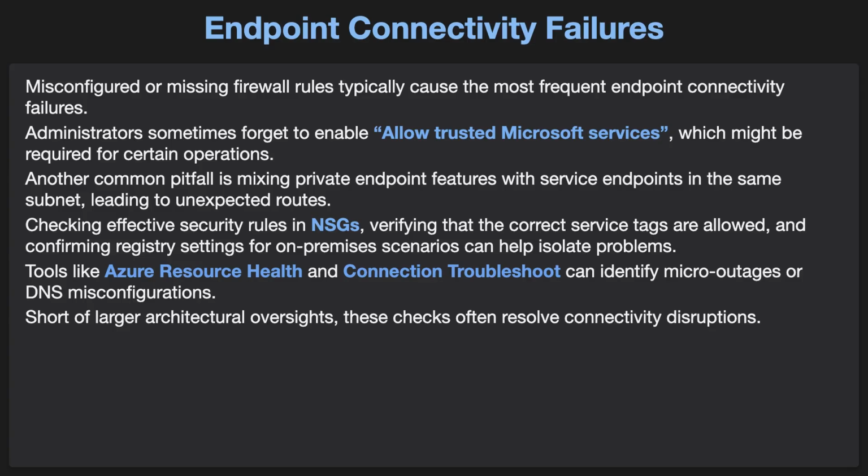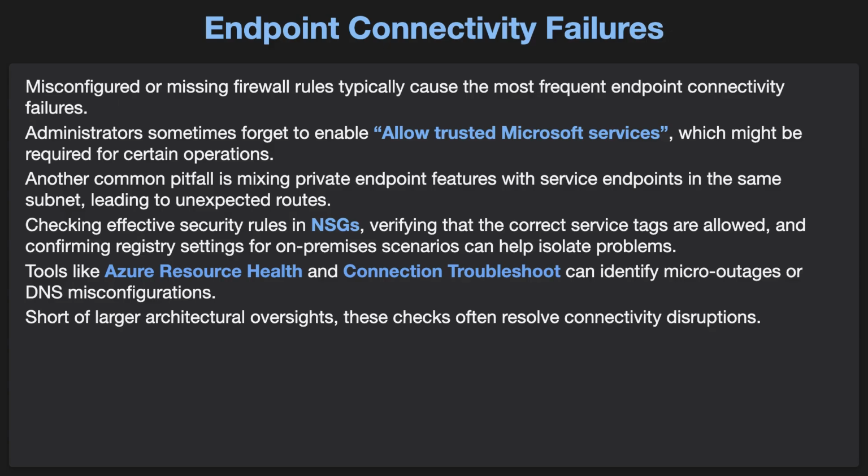Misconfigured or missing firewall rules typically cause the most frequent endpoint connectivity failures. Administrators sometimes forget to allow trusted Microsoft services, which might be required for certain operations. Another common pitfall is mixing private endpoint features with service endpoints in the same subnet, leading to unexpected routes.